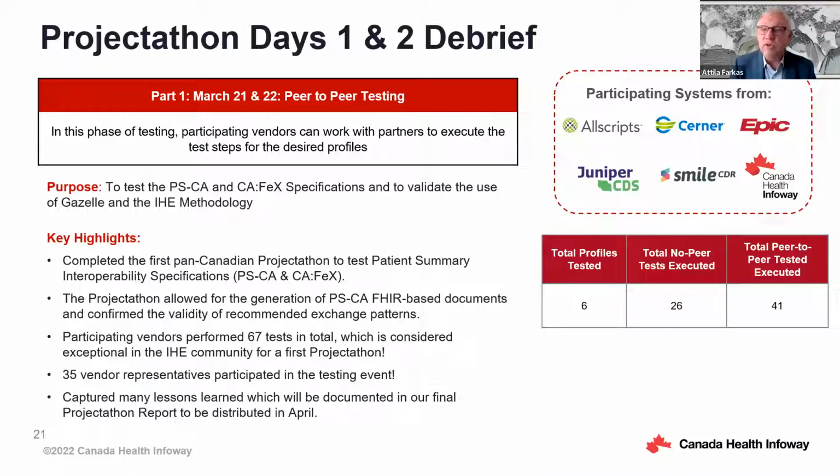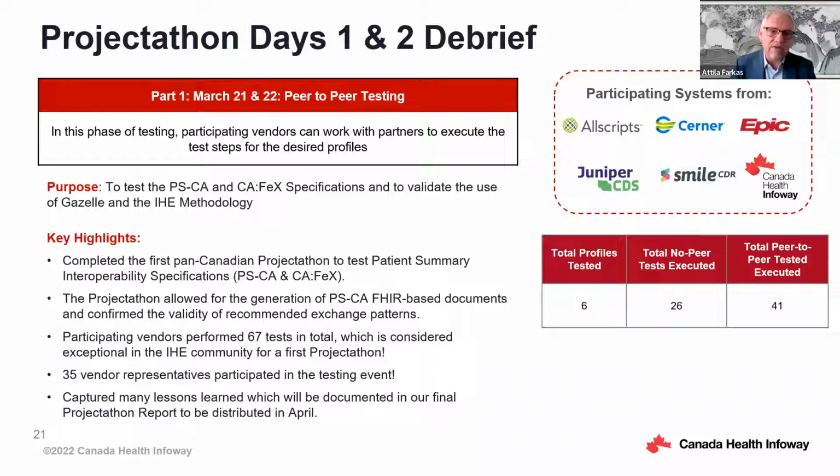And startup Juniper from Toronto, plus Smile CDR, a bright Canadian company. They are probably one of the most famous open source providers of the FHIR server that is also part of their core product, the HAPI server. You probably have heard of it. So these were the companies that have signed up.